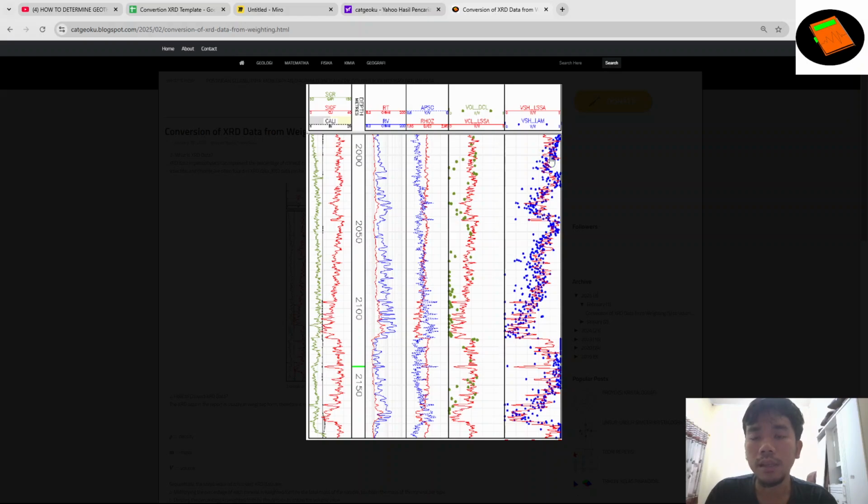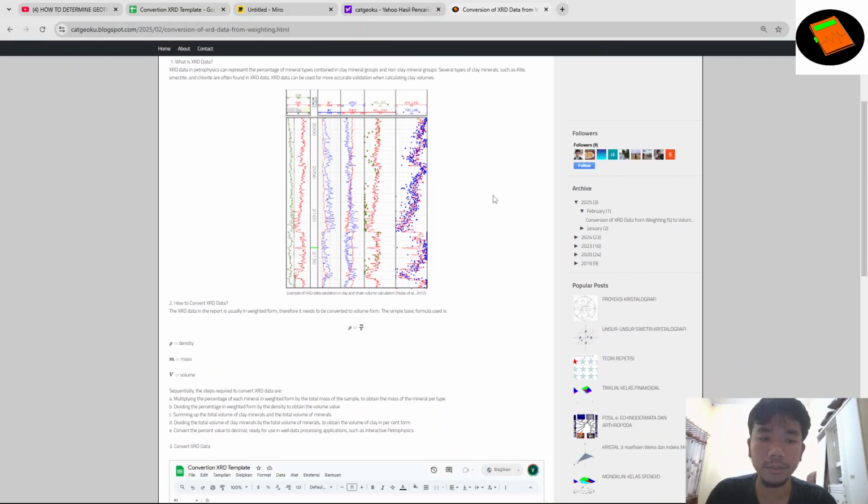We can see our calculation is validated with core that we take from several depths, so there is a match between our calculation and the real data. That is the example of how volume of clay or volume of shale helps us validate our volume of clay calculation.